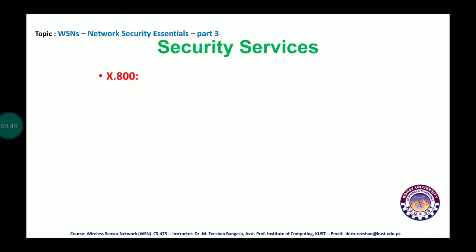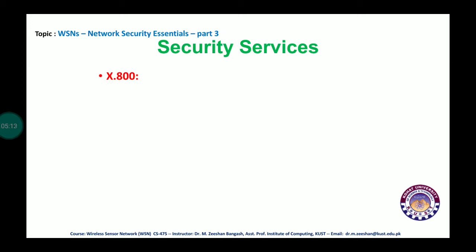Now, security services in X.800. X.800 defines a security service as a service provided by a protocol layer of a communicating open system that ensures adequate security of the systems or of the data being transferred.